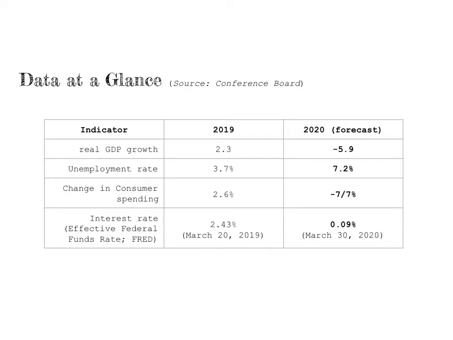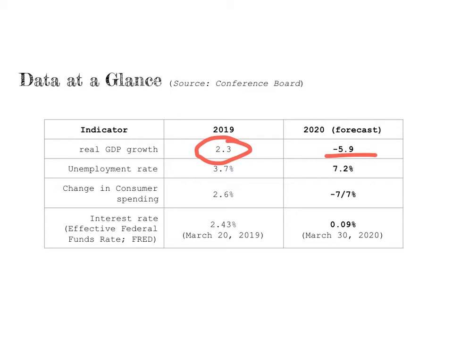So you see, for example, in 2019, we didn't have amazing growth, but we had pretty decent growth, right? So we see we had solid growth of 2.3%. That's going to look very different in 2020.